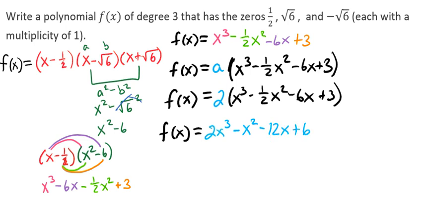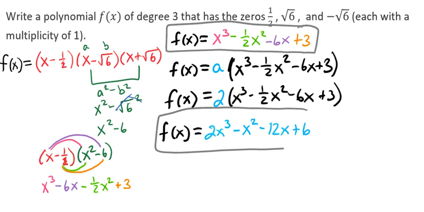And that would also be a polynomial of degree 3 that has the zeros of 1/2, radical 6, and negative radical 6. So you've got to be careful there, because you can have many solutions. So here we have our answer, but this is also an answer. So hence we see we have many solutions.